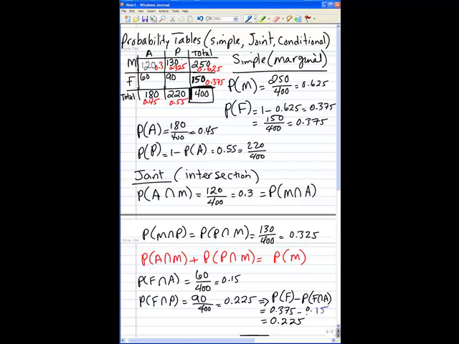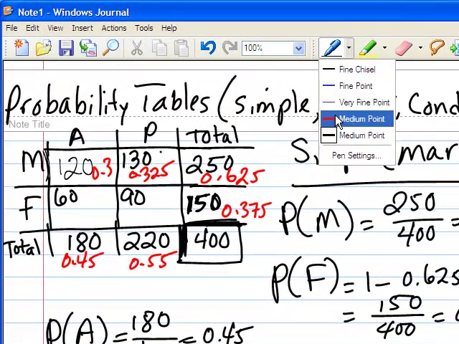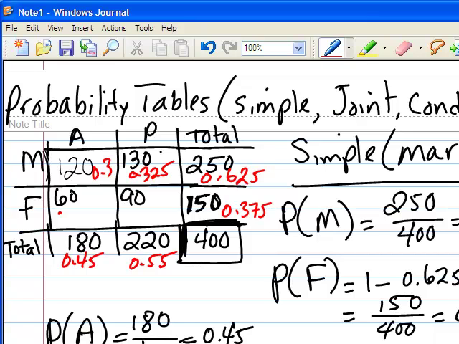So if you understand these relationships, you can work your way in and out of these tables. So this is 0.225. So notice the 0.3 and the 0.15 add up to 0.45 in this first column.